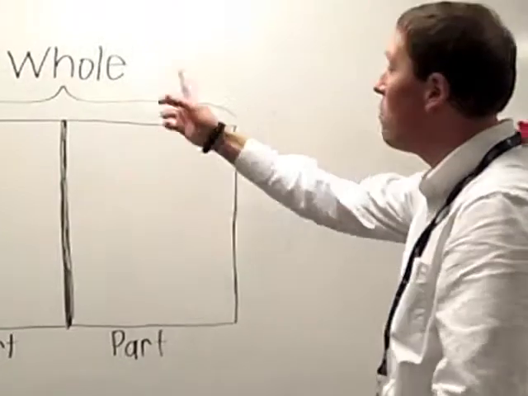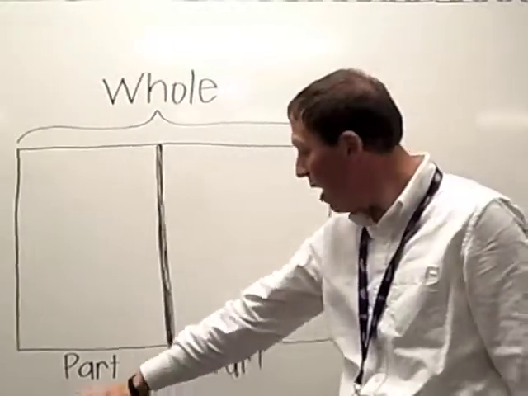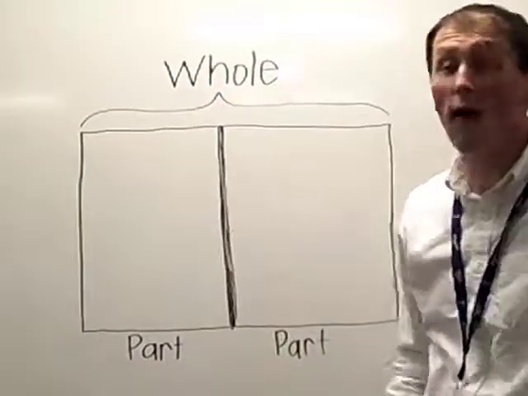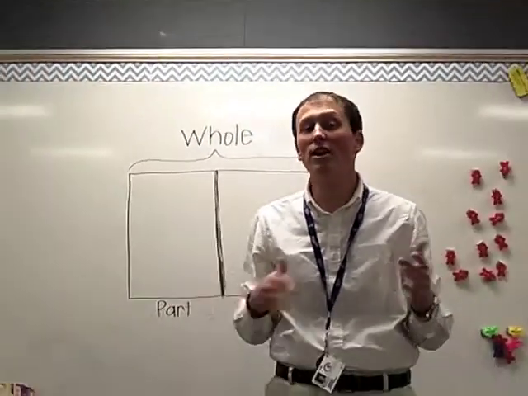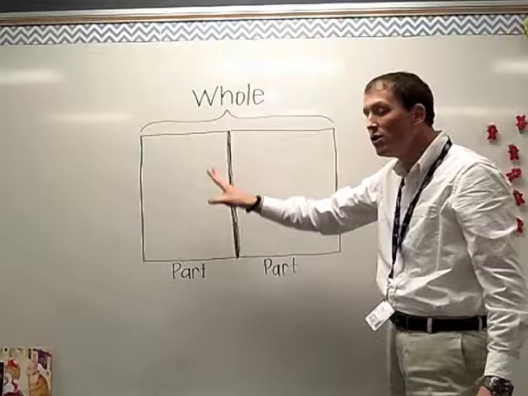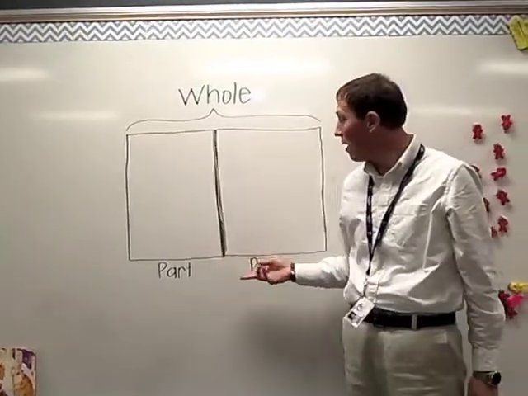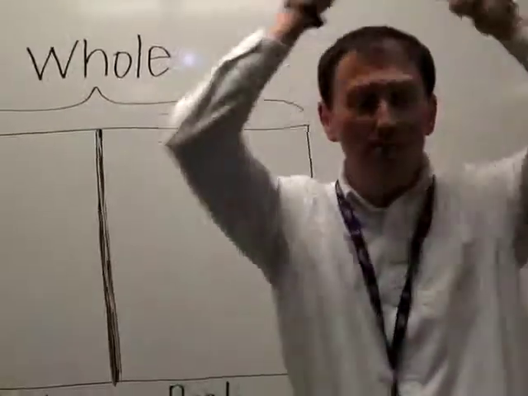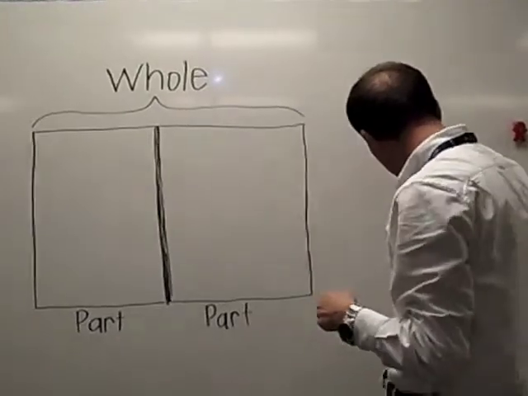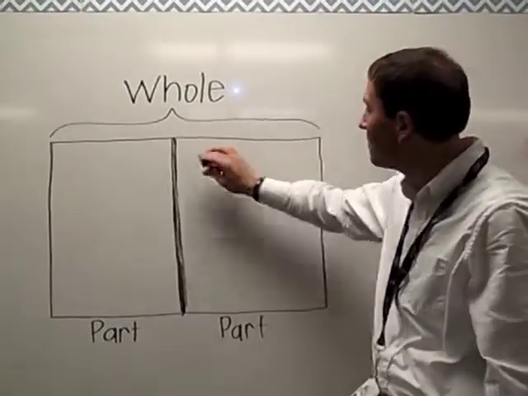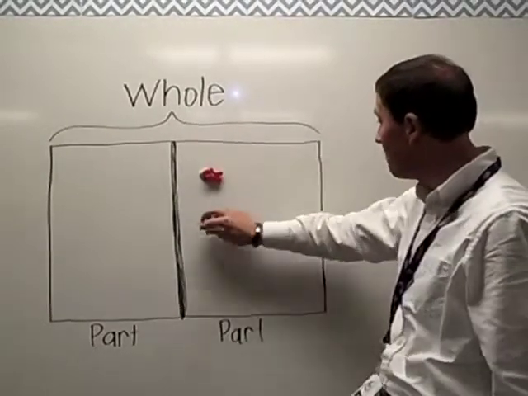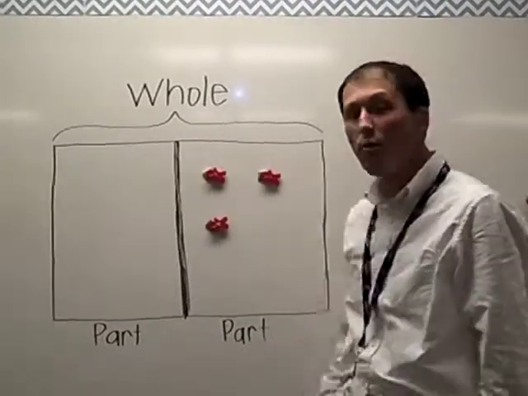First graders, if you'll take a look at the board, you'll notice that I have three words: part, whole, or part, whole. Now that should sound pretty familiar because we do that a lot. So we're going to do a couple story problems with part, whole to reinforce what we've done before. Let's say that my friend Ellie has three magnets. 1, 2, 3.